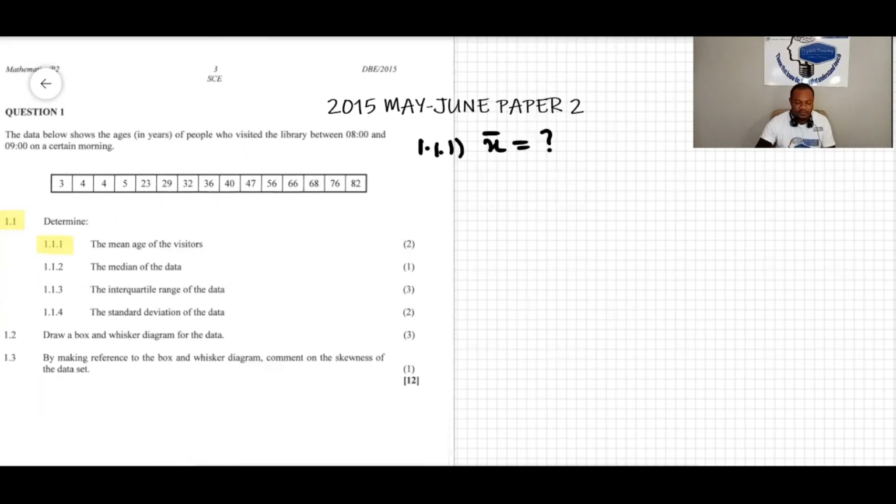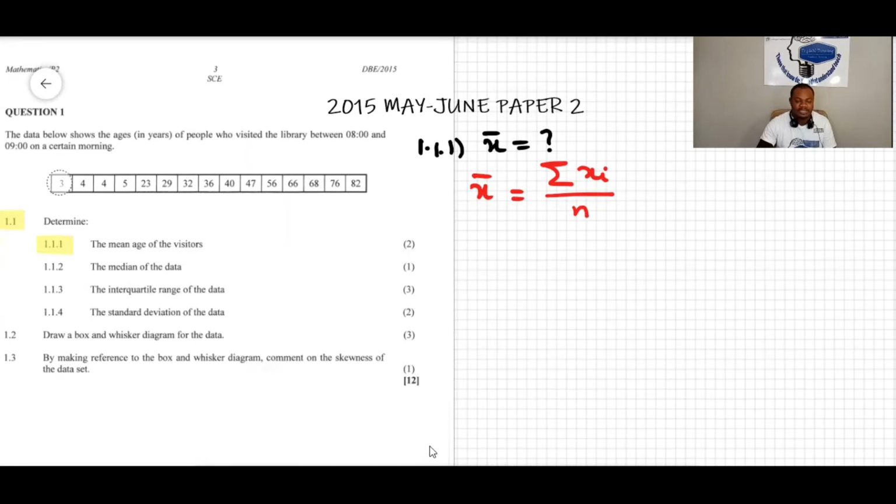It is given by the formula X bar equals the sum of all the data, the x's, x_i, over n. So x_i stands for the given data over here.